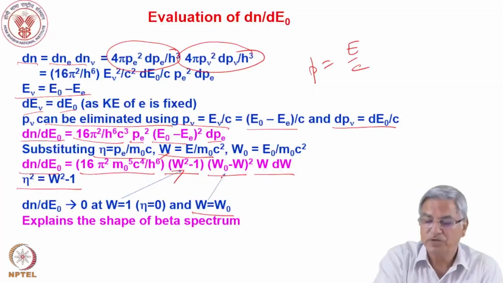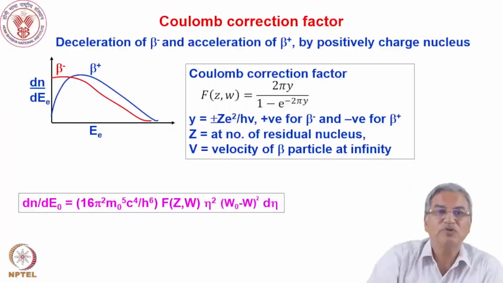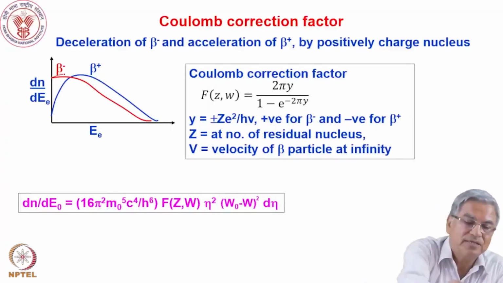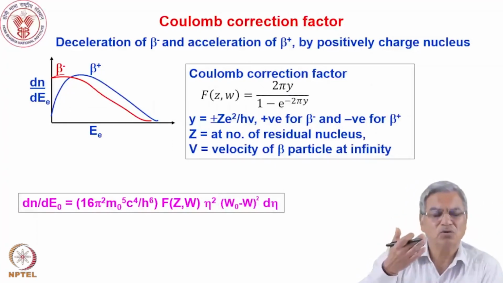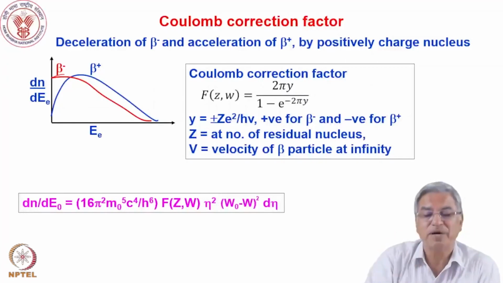But the observation is that the bell shape is observed for beta plus, whereas for beta minus there is a rise at low energy. So more electrons of low energy are observed than for beta plus. This difference is explained by a Coulomb correction factor.